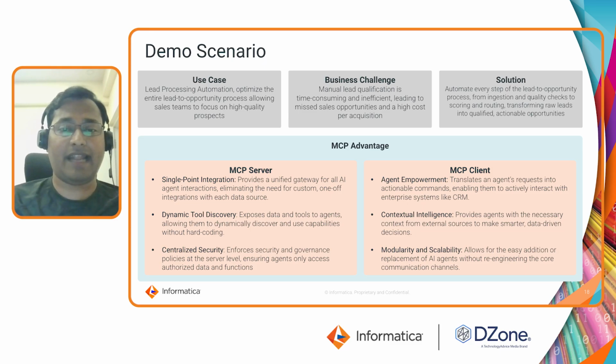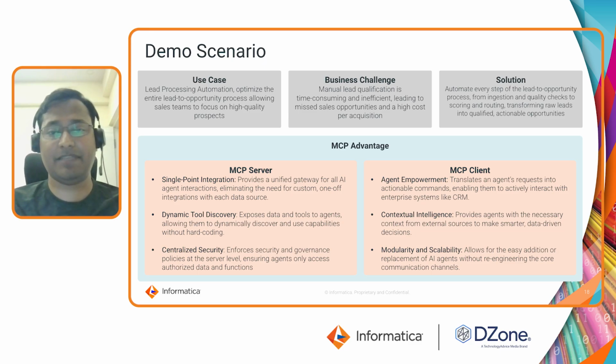And at the end of the day, all these clients also help bring in modularity and scalability. So tomorrow, if you have a different function, business process, automation or tooling that you want to add to the ecosystem, it's just a matter of including a single piece of code in the MCP configuration, and you're all set. So it's highly scalable and highly modular.